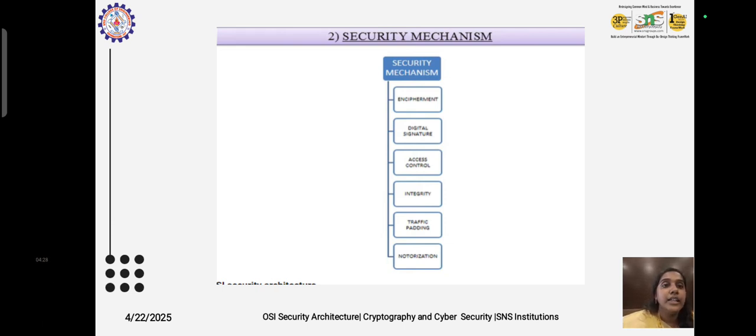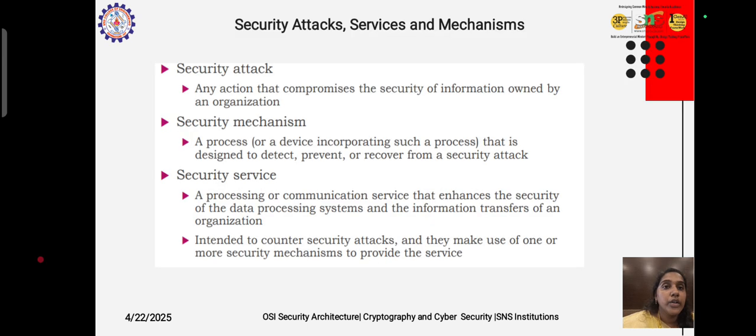In our next slide, we are going to see in detail about security services. A security service is a process or communication service that enhances the security of data processed in a system and the information transfer of an organization.